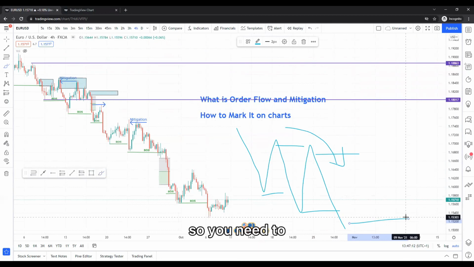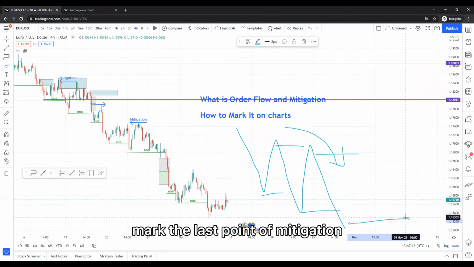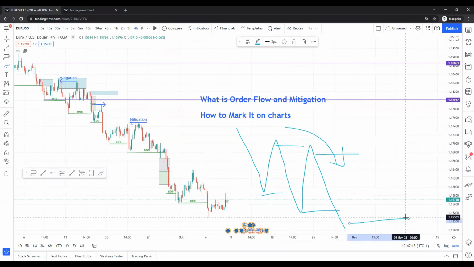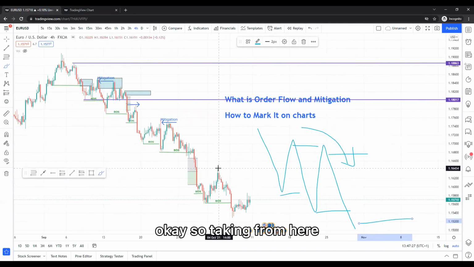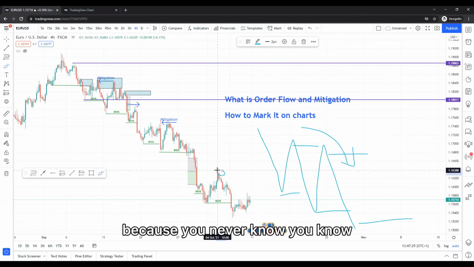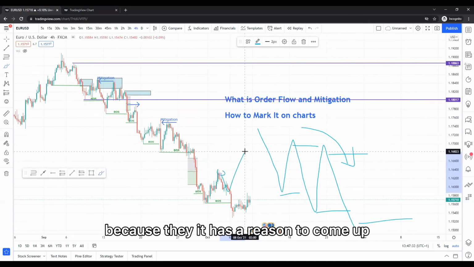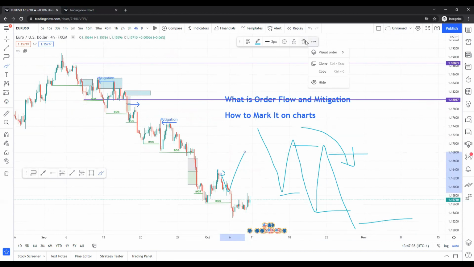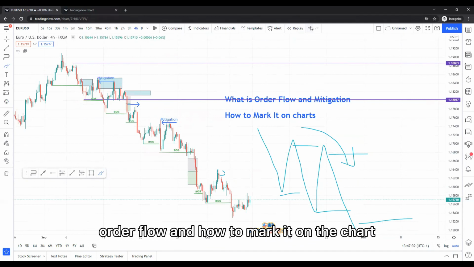So when you mark your structure, you need to mark the last point of mitigation, right? And that will help you avoid taking a trade like this. Okay, so taking from here, because you never know, you just come here and it will come back again, because it has a reason to come up, right? So that is it about order flow and how to mark it on the chart.